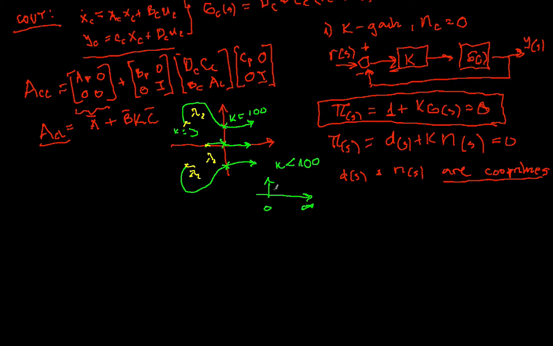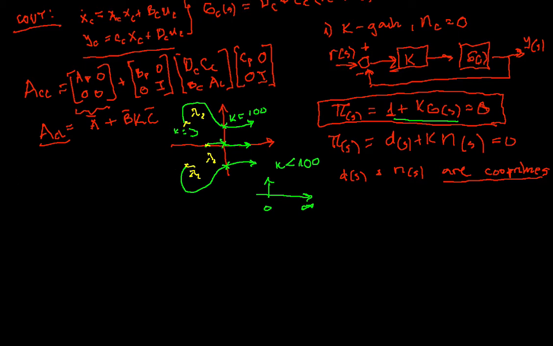Okay, so this is what gain does, and it's intuitively easy to understand that this gain, for a certain value, will place the eigenvalues of the closed loop characteristic polynomial at certain places in the left complex plane.